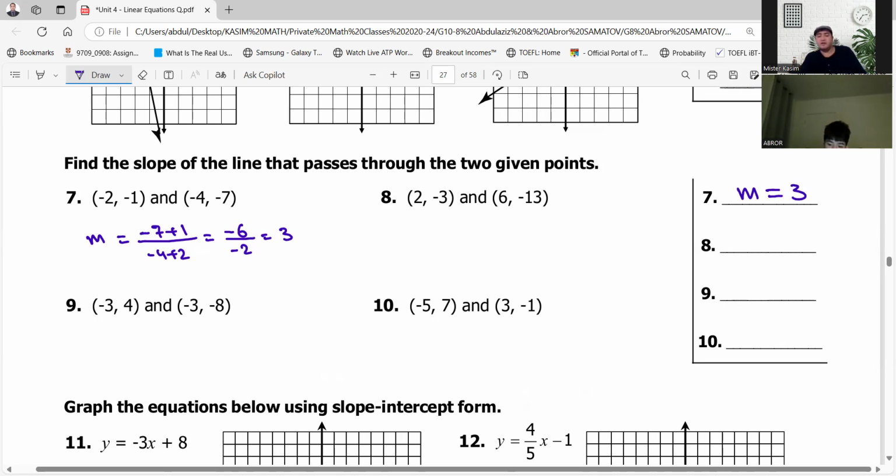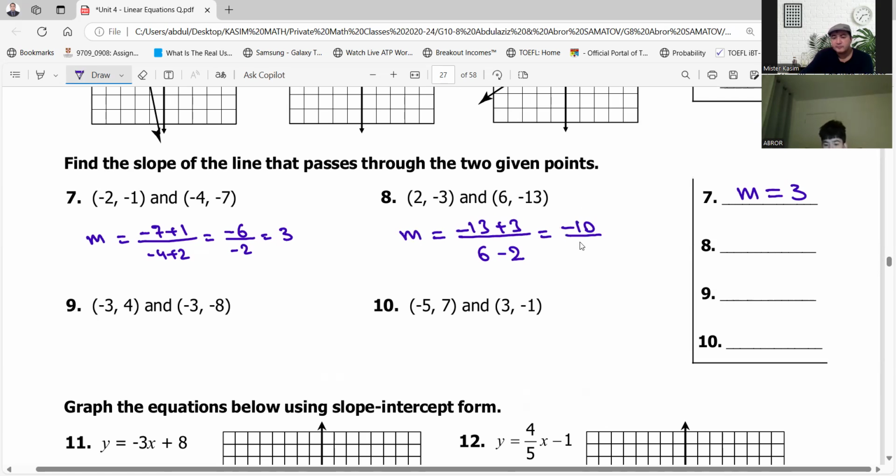Now calculate 8. -13 plus 3. What is -13 plus 3? -10, right?